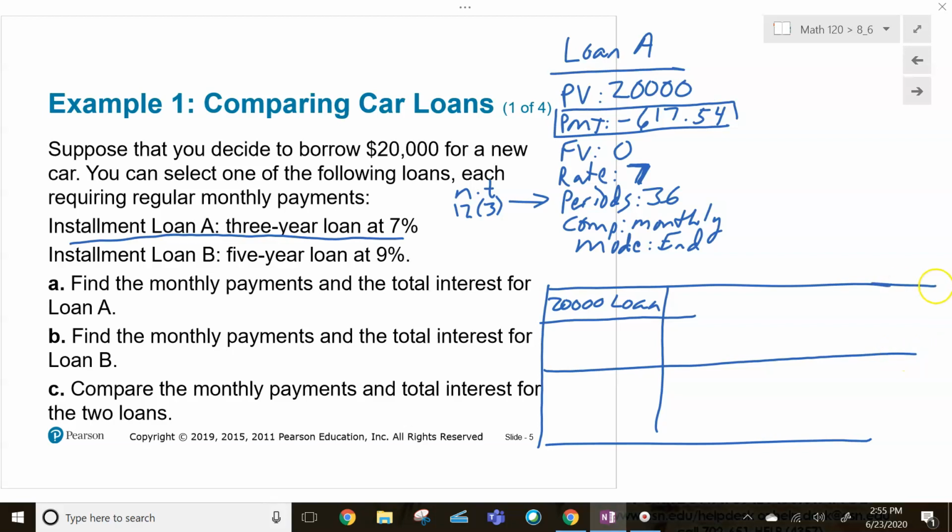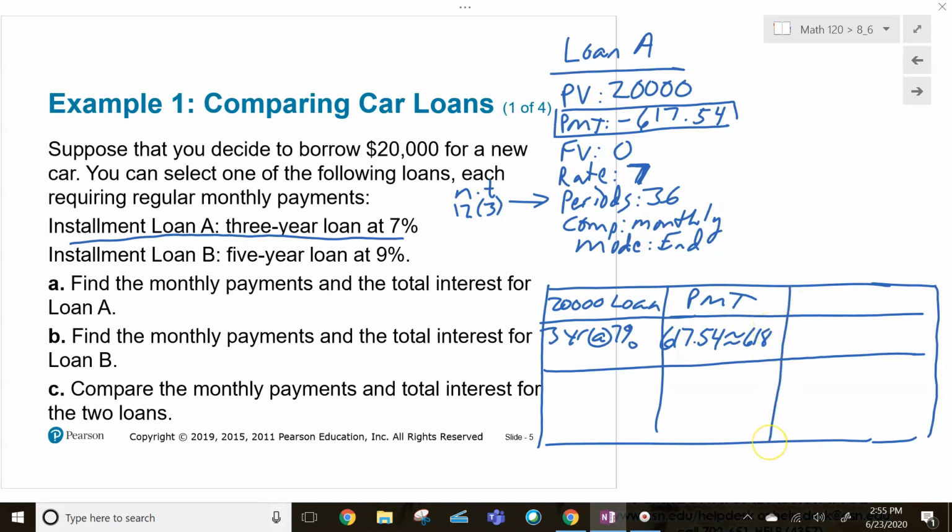First option is 3-year at 7%, and our payment is 617.54. So about 618. So we'll go with 618.